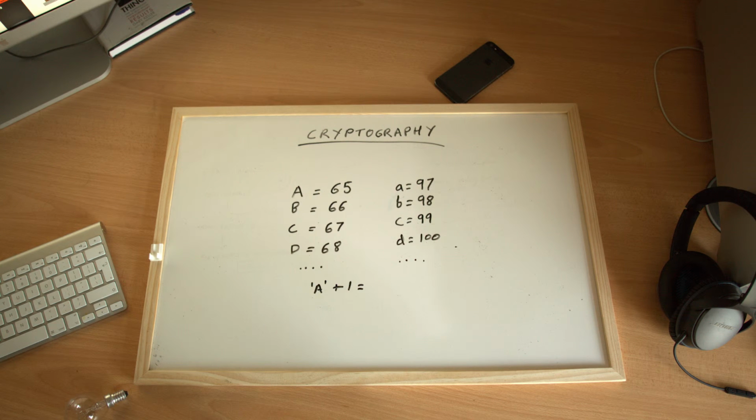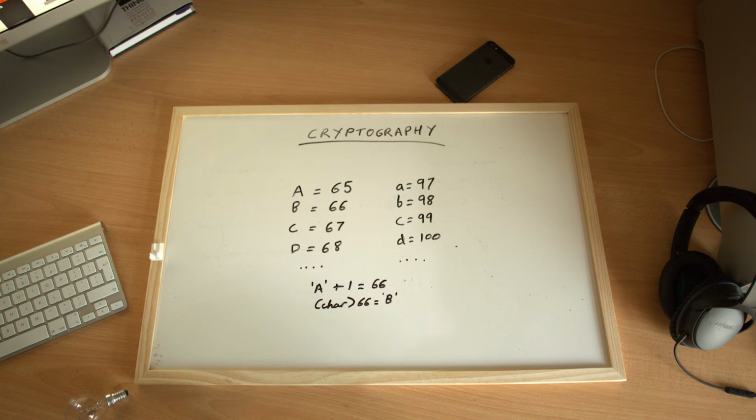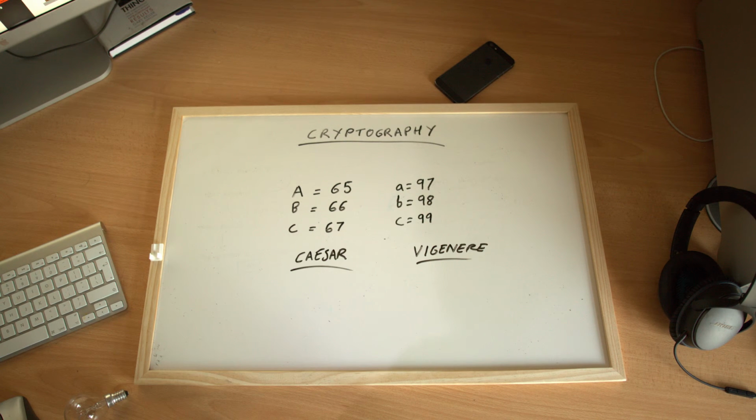It adds one decimal equivalent to the ASCII mapping of A, which is 65, giving us 66, which conversely maps to B. Now this method of encryption is known as a Caesar cipher, an algorithm which basically shifts the letter position up or down the alphabet with a given number, as in our initial example. Very easy.